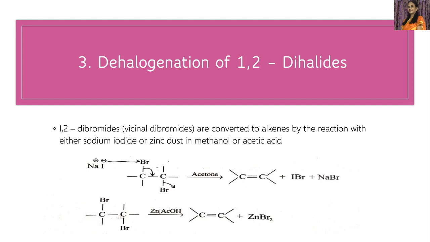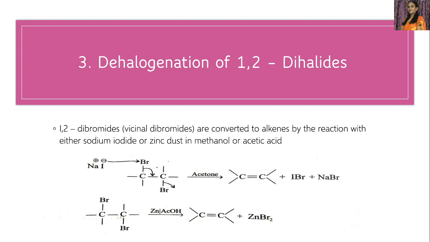Now let us consider this. Here the two carbons, 1 and 2, then sodium iodide comes and removes Br plus.